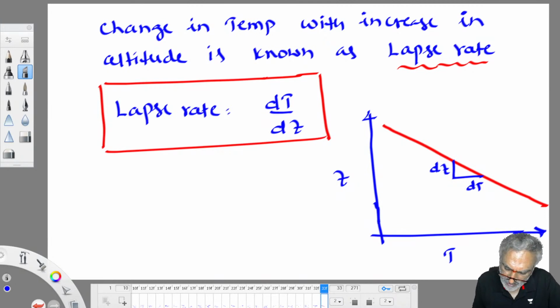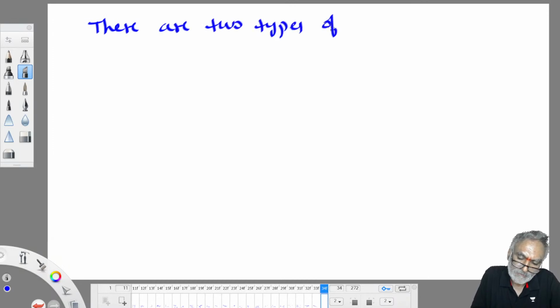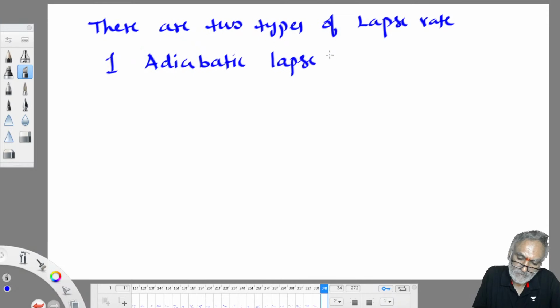Clear now? But there are two types of lapse rates to confuse us. If it's only one type, no problem, we would have taken it comfortably. But there are two types of lapse rates. One is called adiabatic lapse rate, in shortcut we write it as ALR.